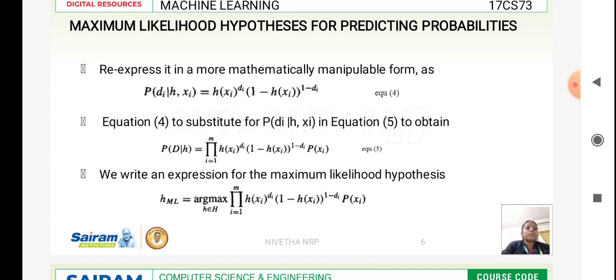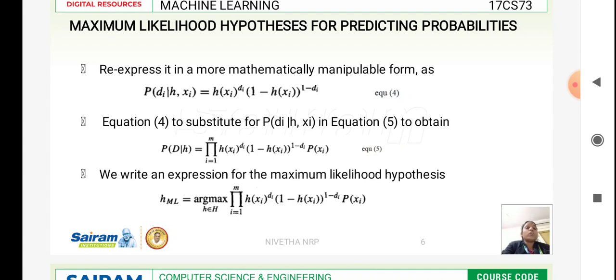So when you substitute, you will get probability of d given h as the product from 1 to m of h of xi to the power of di, into 1 minus h of xi to the whole power of 1 minus di, into the probability of xi.